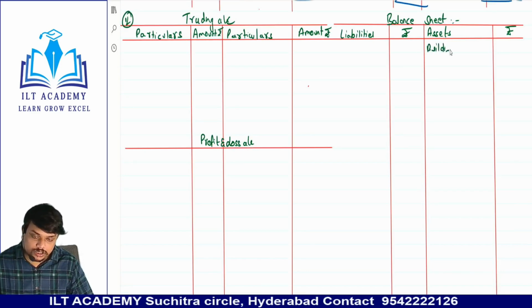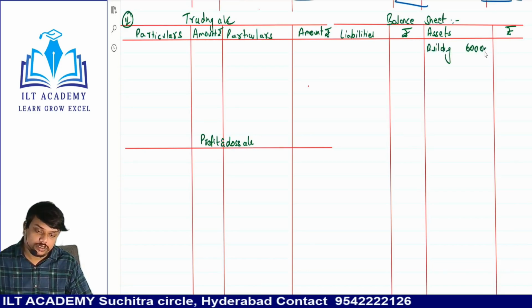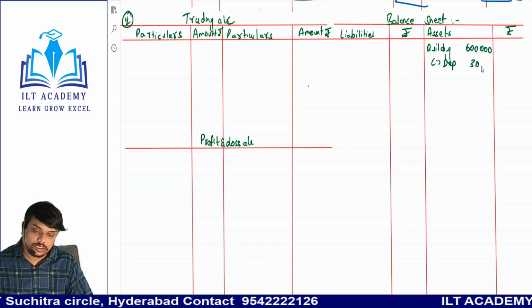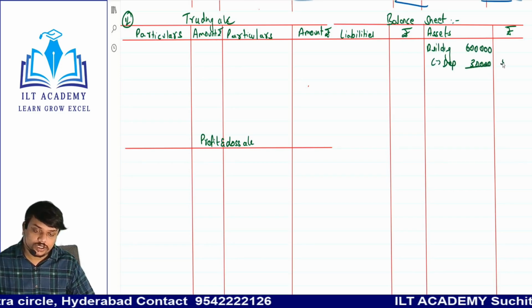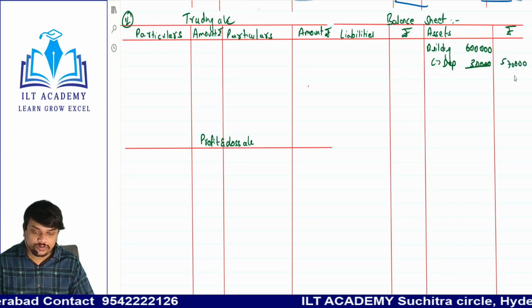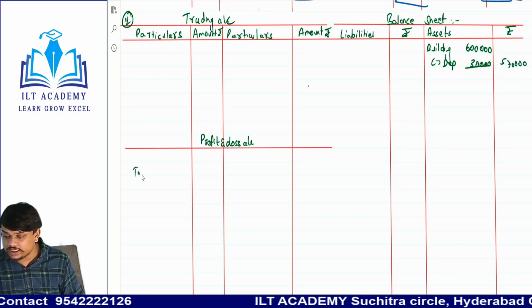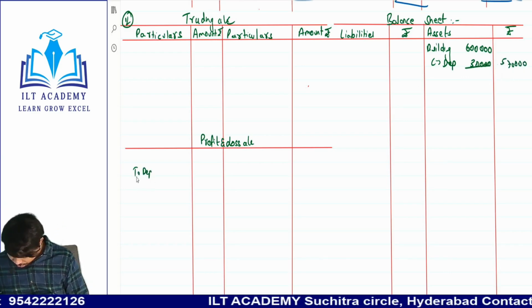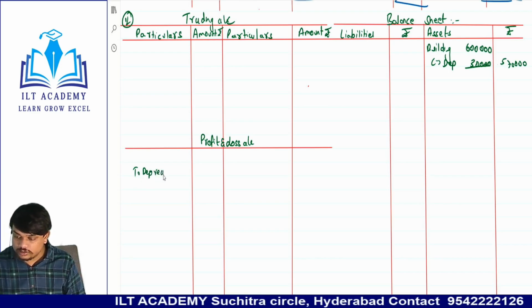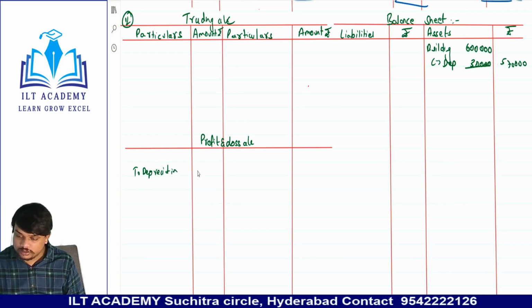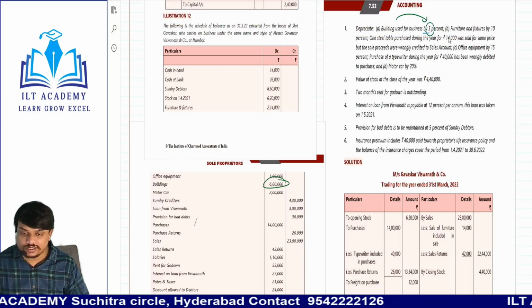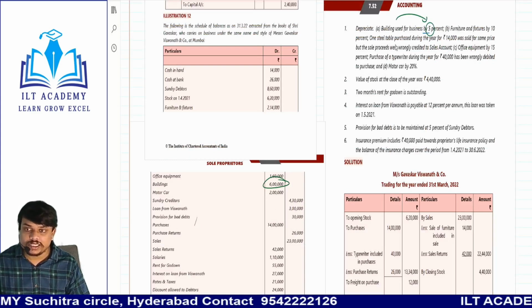Depreciation is 30,000, which leaves 5,70,000. Understood? So depreciation is 30,000. Next, furniture and fixtures at 10%.